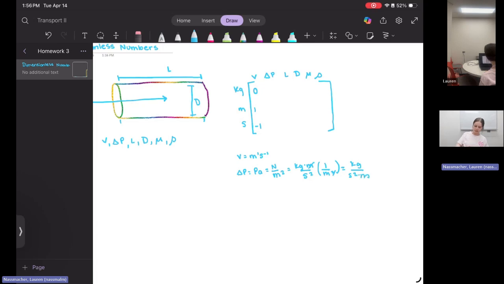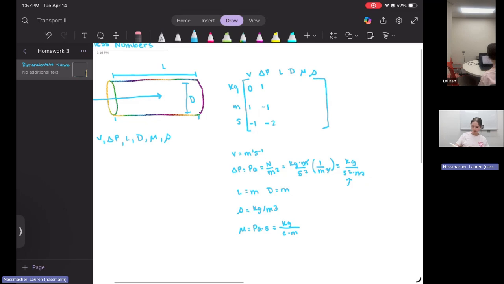So you have a positive exponent on the kilogram and 2 negative exponents on the seconds and 1 on the meters. Our length is just in units meters. Our diameter is the same. Our density is just in kilograms per meters cubed, but our viscosity is in pascals seconds. Thankfully, we already derived the correct units for pascals, and so just multiply it by seconds and cancel out some of the units, and you get kilograms per second meters.